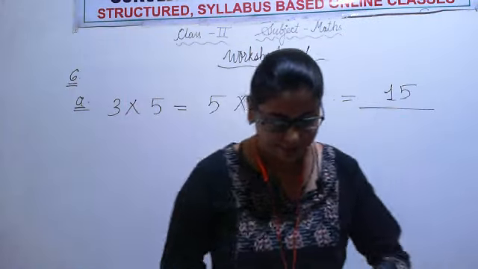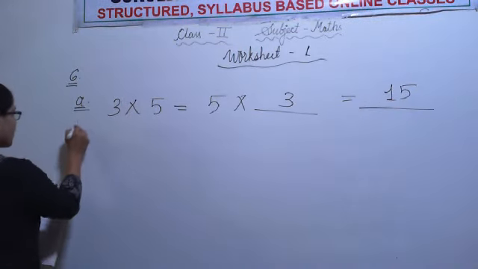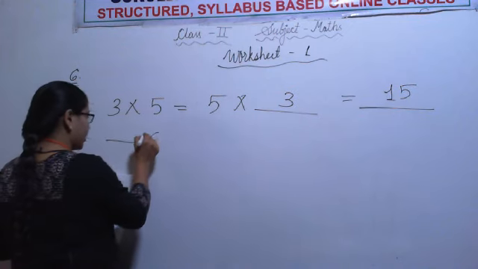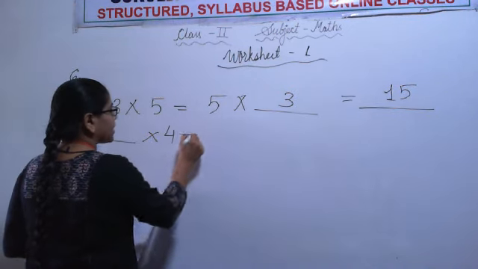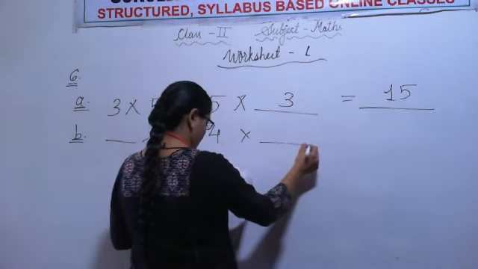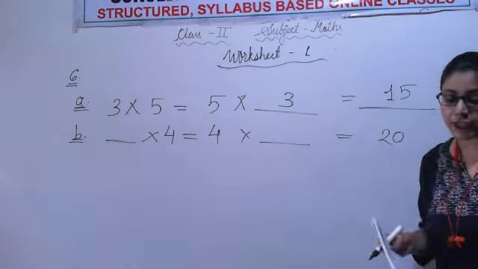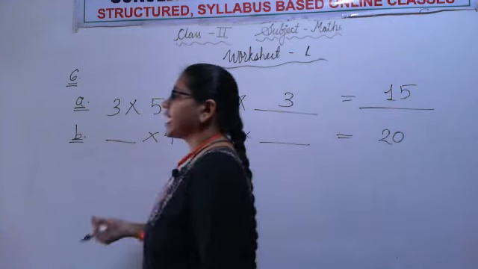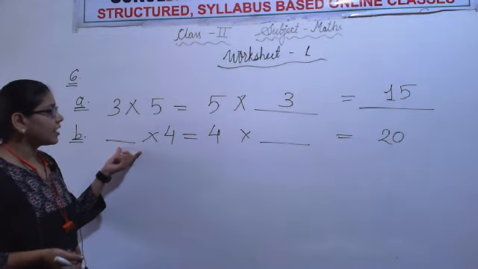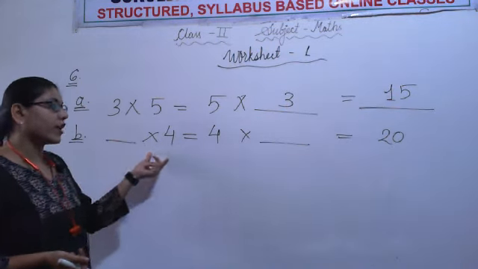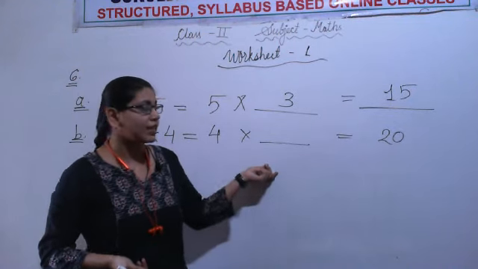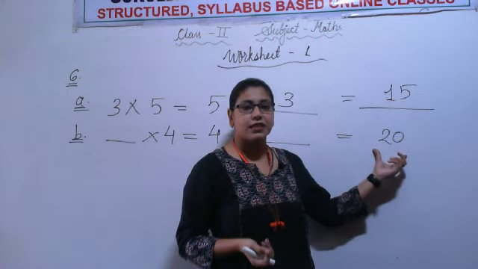The next one is blank into 4 is equals to 4 into blank is equals to 20. Now we need to find out the other number. Blank into 4 and 4 into blank are given, along with the answer.